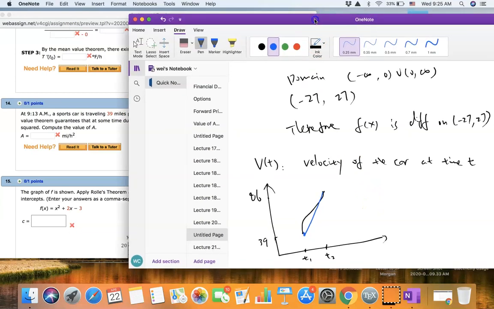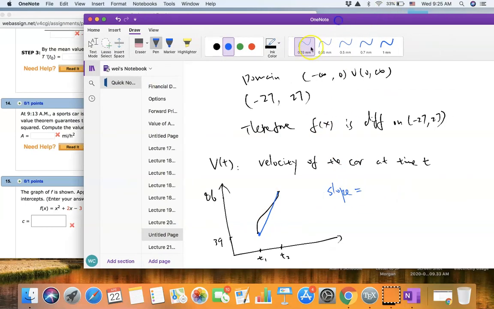The slope is equal to the difference of the function values over the difference of the input values, the difference of these two times.